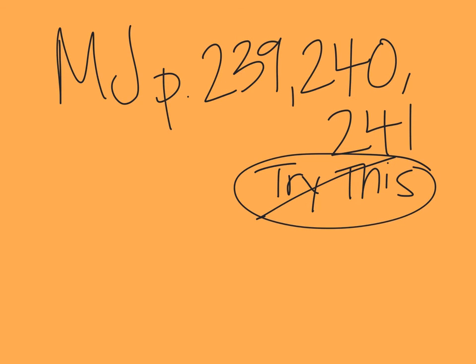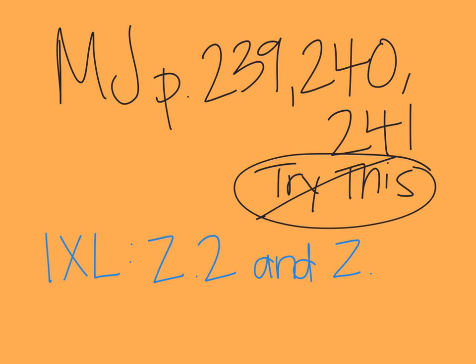Then our IXL will be Z2 and Z7. The difference between those is that with Z2 you're looking for which x satisfies an equation. On Z7 you're working on an equation, and you have some fractions and mixed numbers and decimals thrown into that as well.